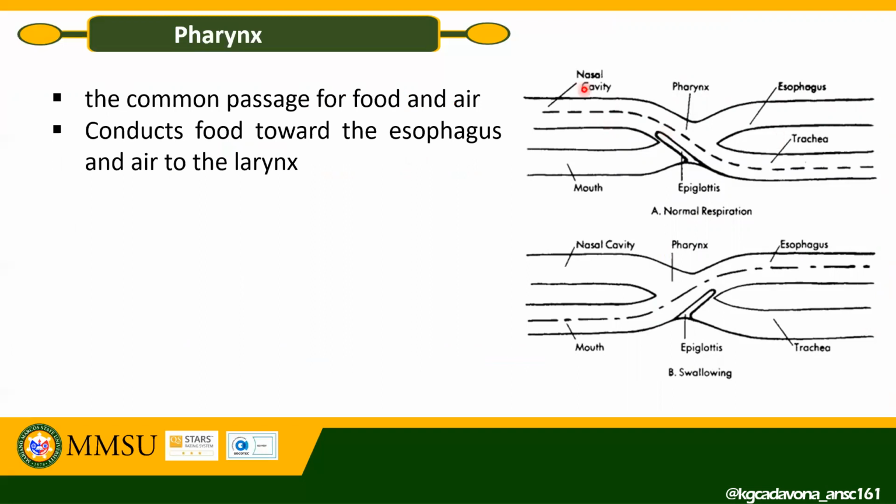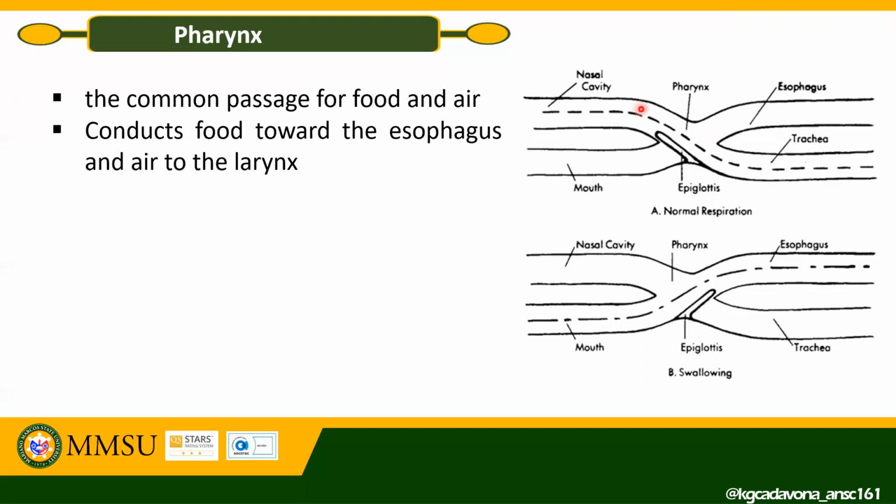So etong mga muscles within the walls of the pharynx are responsible for the orderly directing ng air, ng food, and then ng mga liquids in such a way that the air from the nasal cavity is directed into the larynx and food and liquids are directed into the esophagus.